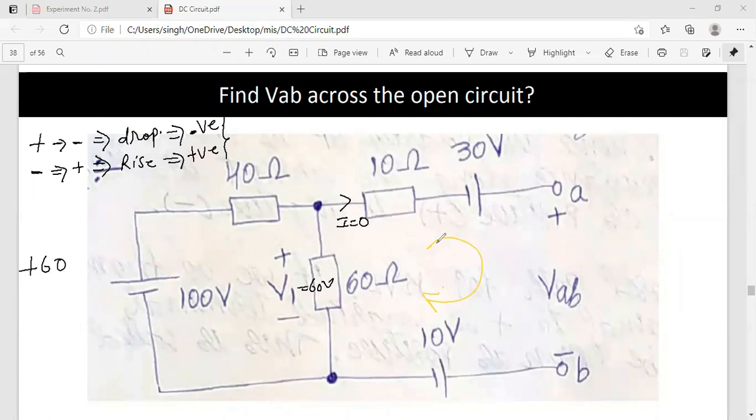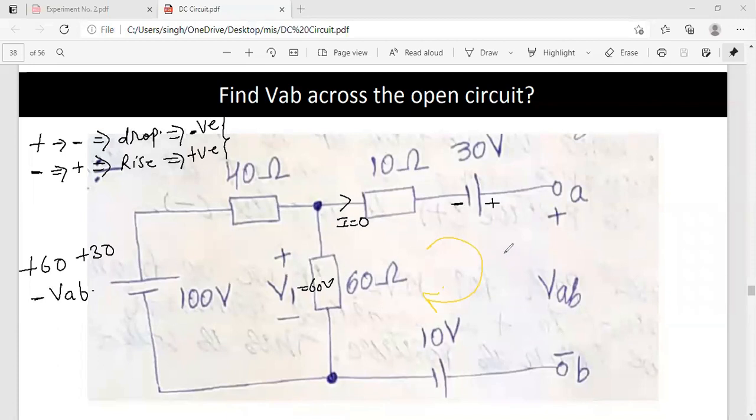Now when I follow this part, this is again negative to positive. From negative to positive it is always a rise in potential, so we take it as positive. So plus 30. Now we are going from plus to minus. Plus to minus is always a drop, so we take that as negative, so minus VAB.